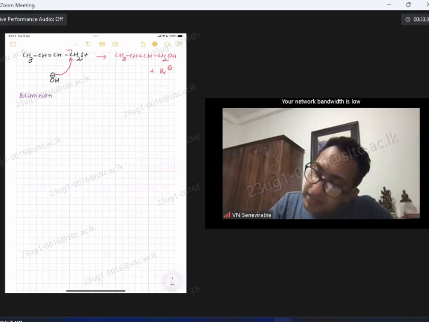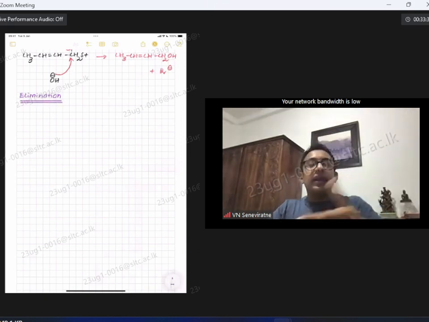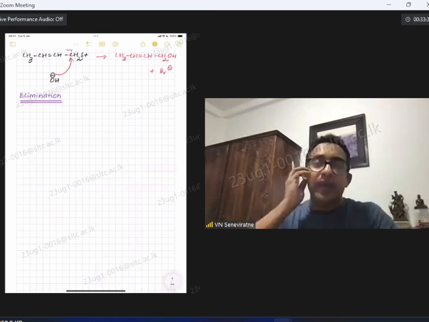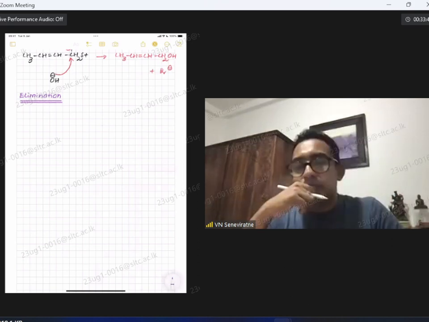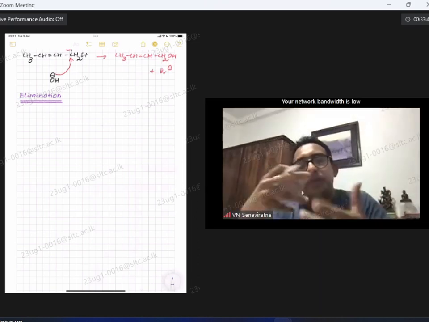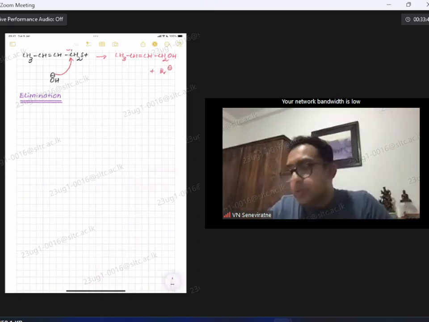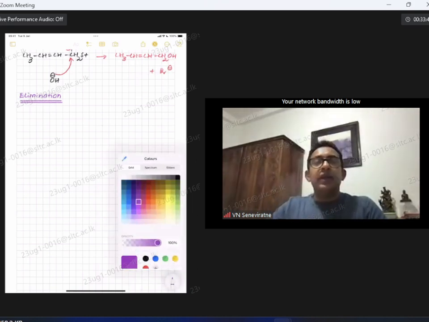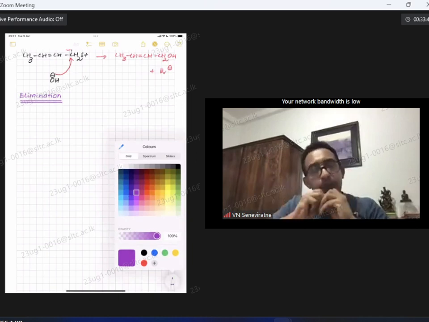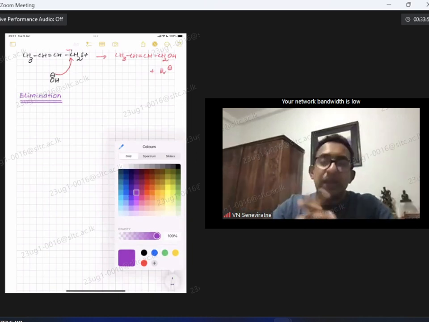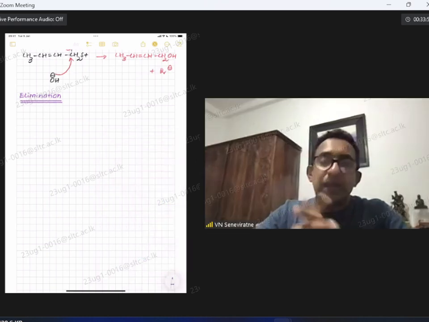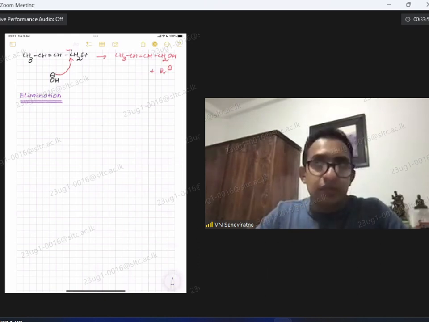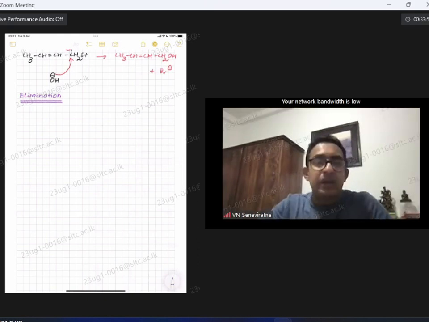Elimination, the word elimination stands for removal, right? Eliminated from a game, removed from the game. It's like that. So elimination means that. Here also the same thing. A group is completely removed, nothing being added, completely removed. It's not replaced by something else, but it's completely removed.